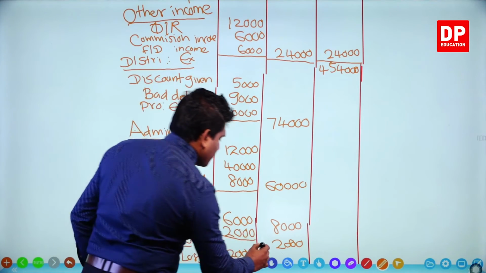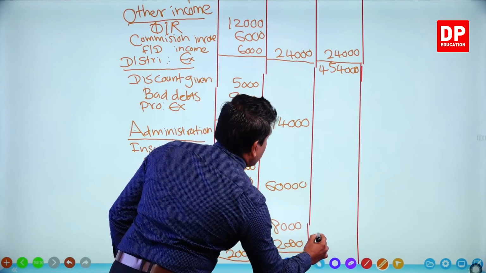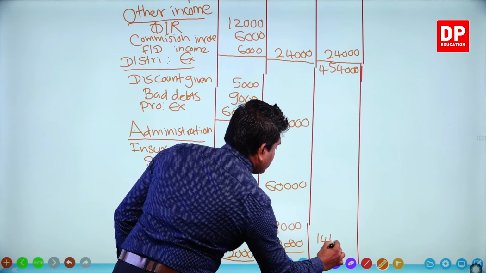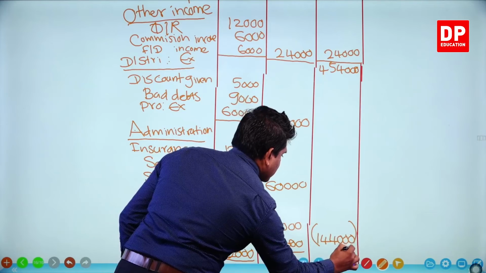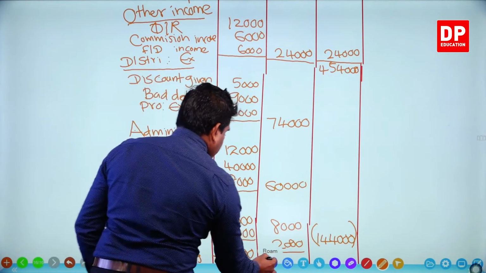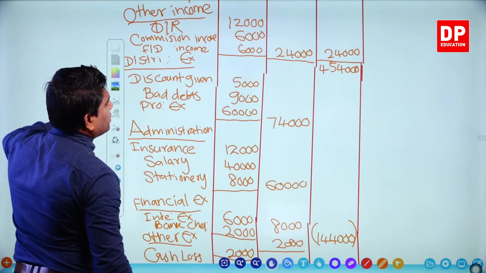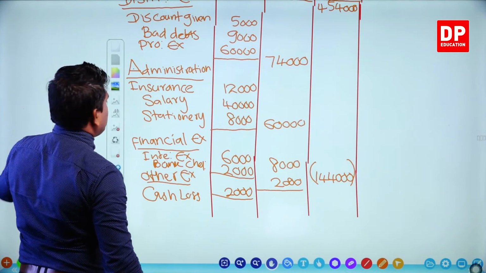These are the total expenses. You put 144,000 in brackets. Then you can find the answer here.